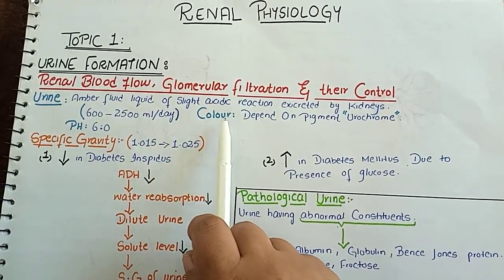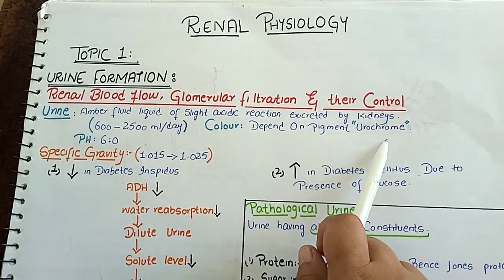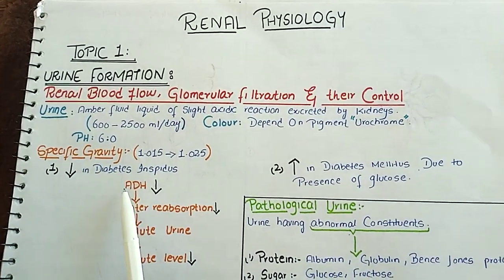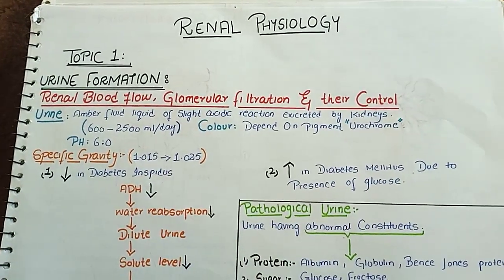The color of the urine depends on the pigment known as urochrome, and the normal pH of the urine is 6. The specific gravity of the urine varies from 1.01 to 1.025.